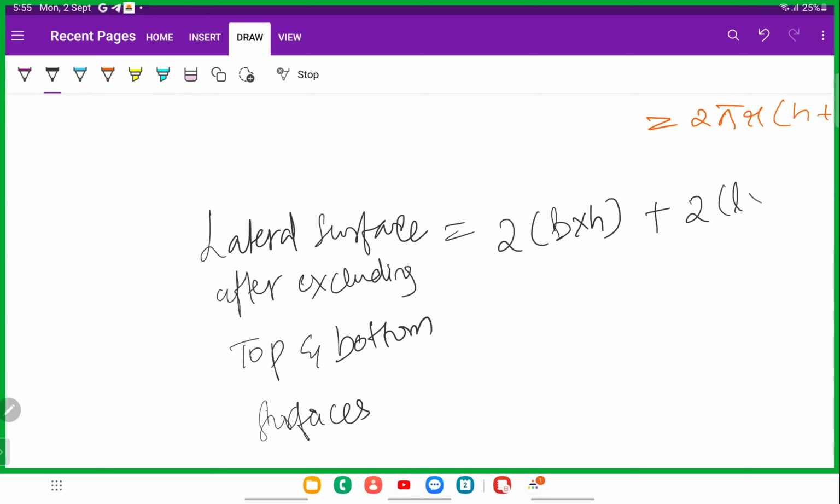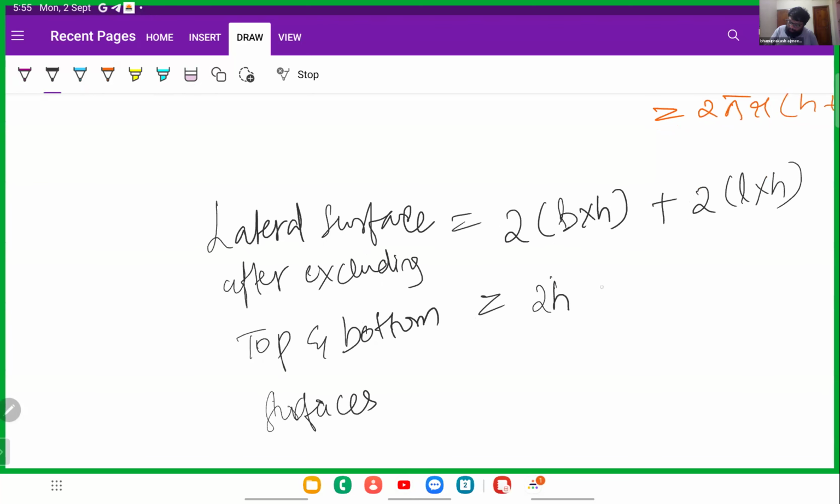We can take 2 and h as common, so 2h into length plus breadth is the lateral surface area.